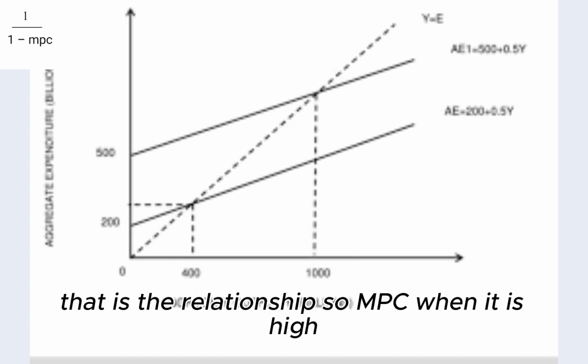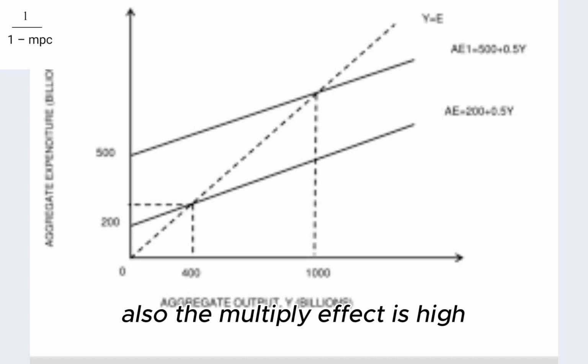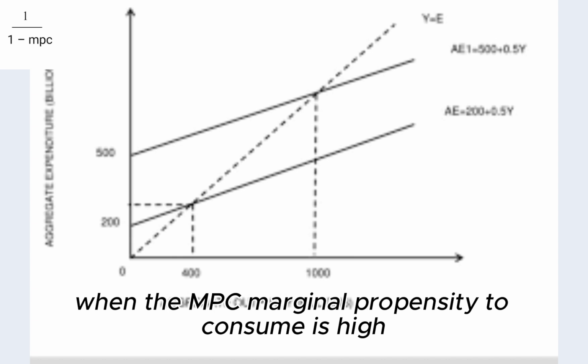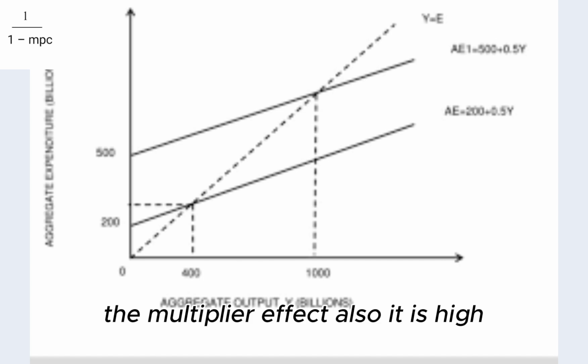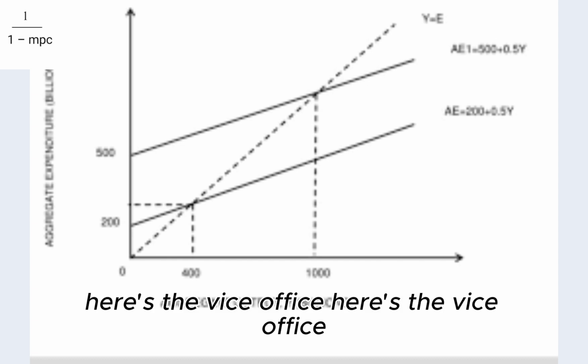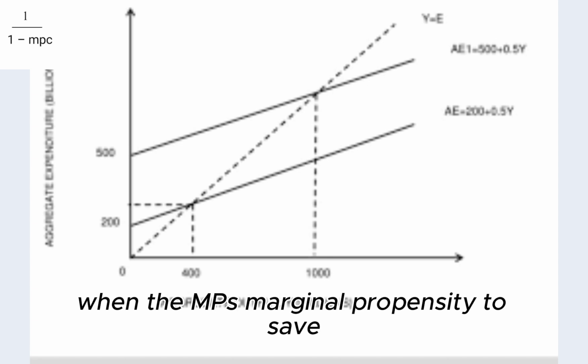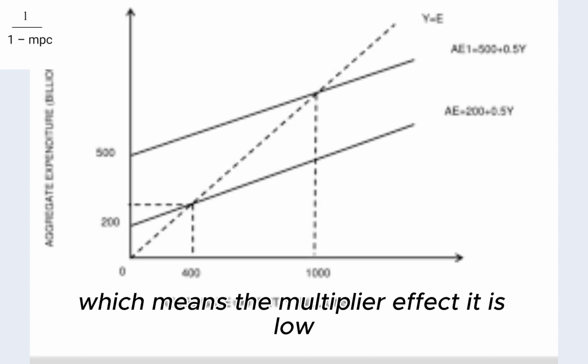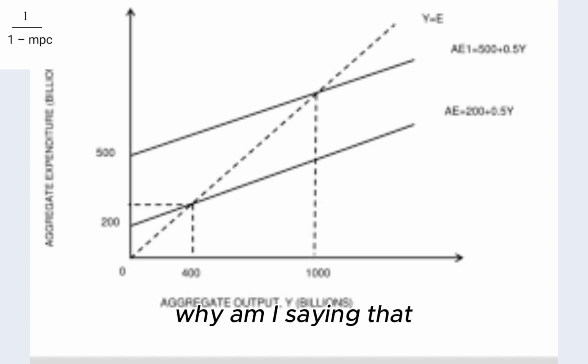So when the MPC is high, the multiplier effect is also high. Listen to this. When the MPC, marginal propensity to consume, is high, the multiplier effect is also high. When the MPC is low, the multiplier effect is also low. Here's the vice versa. When the MPS, marginal propensity to save, is high, the multiplier effect is low.